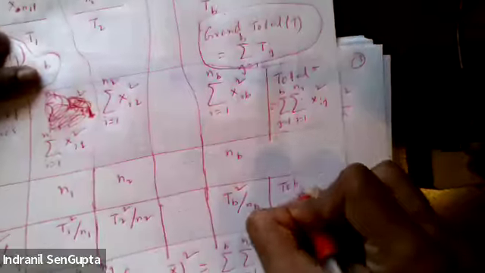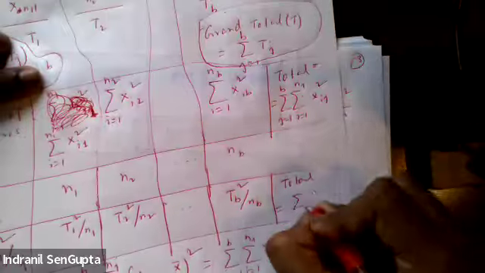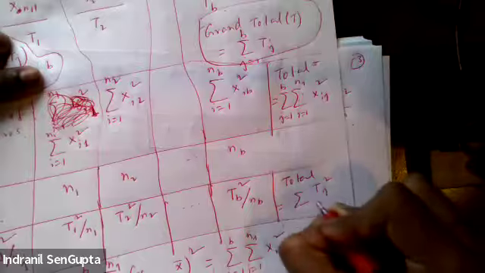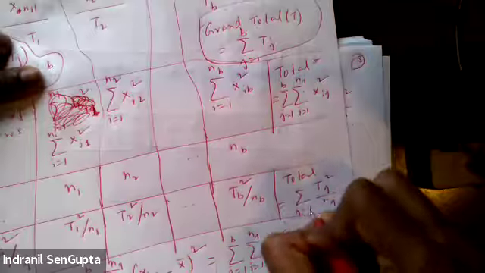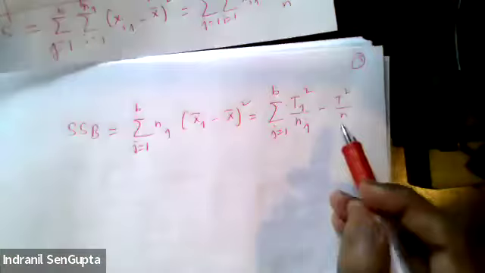How do we get this number? Well, this is the total of this one, the summation of tj squared over nj, j from 1 to b. So you see this table is giving you all the information. So SSB is done.